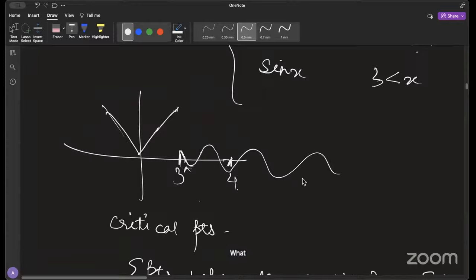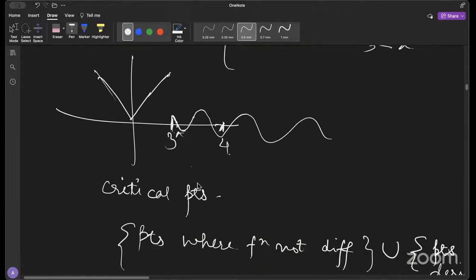What do you think should be the critical points for this? Does anyone want to give this a try? For sin x, maybe all the turning points will be the critical points. Yeah, okay. These are, but let's go by the definition. Let's not get into turning points and all.